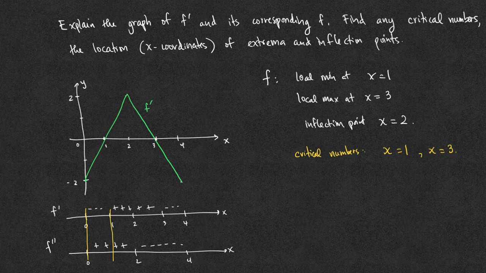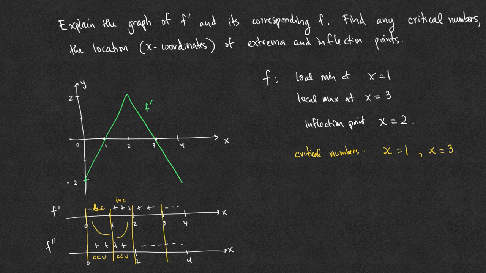From 0 to 1, the graph of f is decreasing because f prime is negative, and concave up because f double prime is positive: decreasing and concave up. From 1 to 2, the graph of f is increasing because f prime is positive and concave up because f double prime is positive, increasing and concave up.